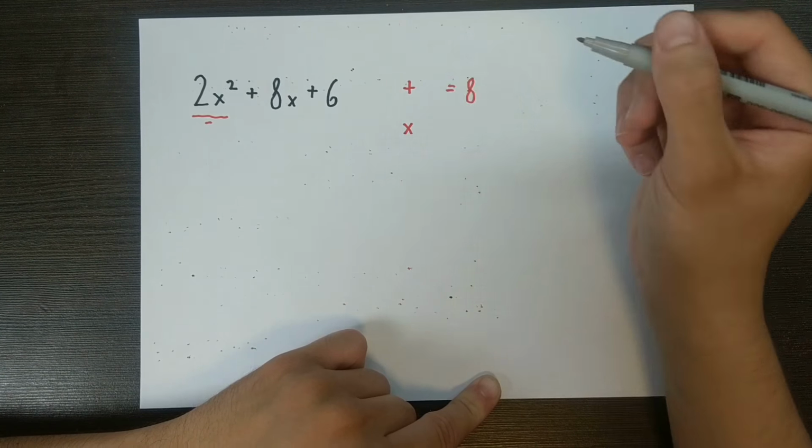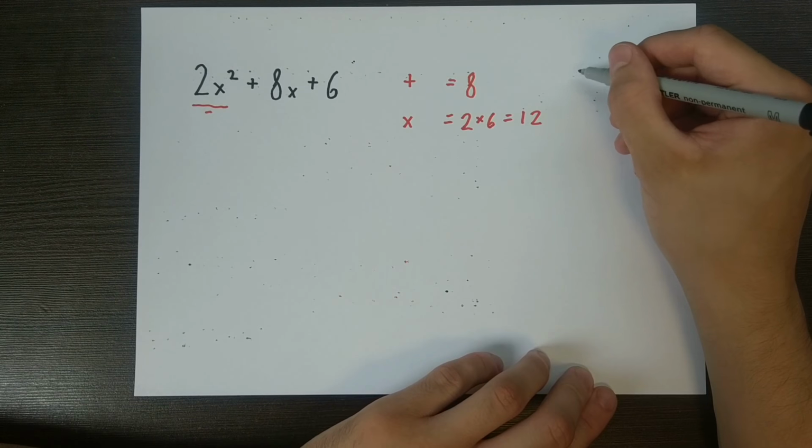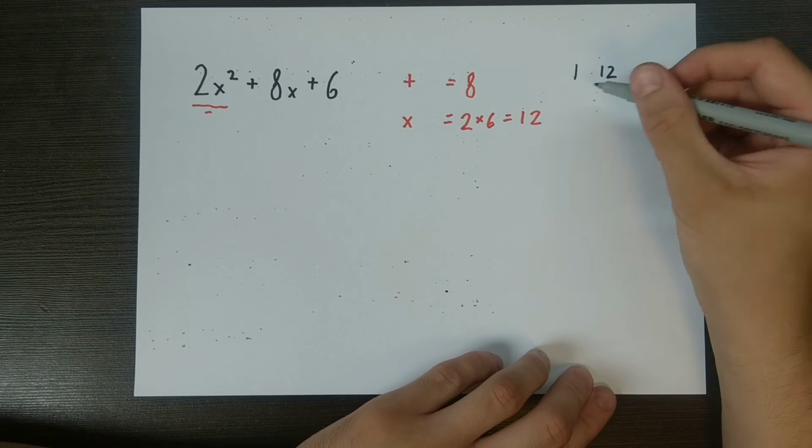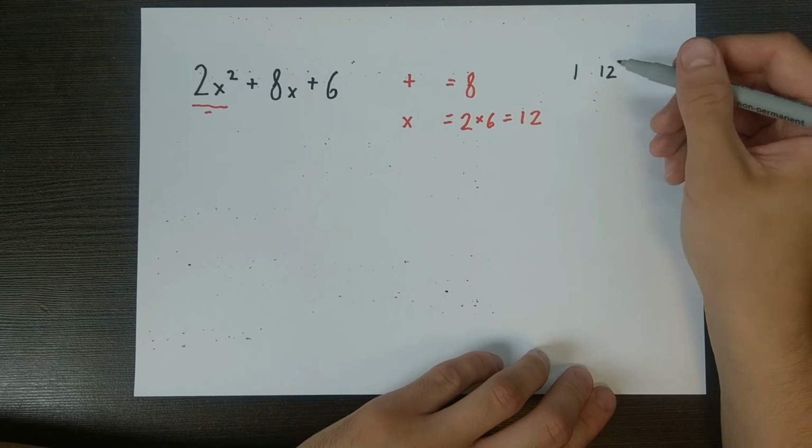So, back to normal. Again, what are our possibilities? We could try 1 and 12. That gives us 12, however if we add it, it gives us 13. So that will not work. Okay, what else, if we multiply, what else can give us 12? For example, 3 and 4. We multiply 3 times 4, that gives us 12 indeed.